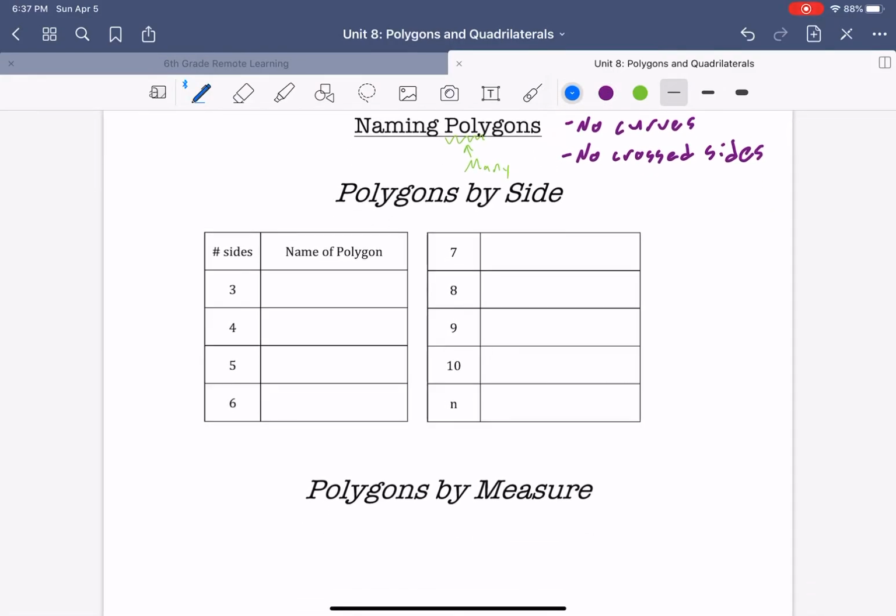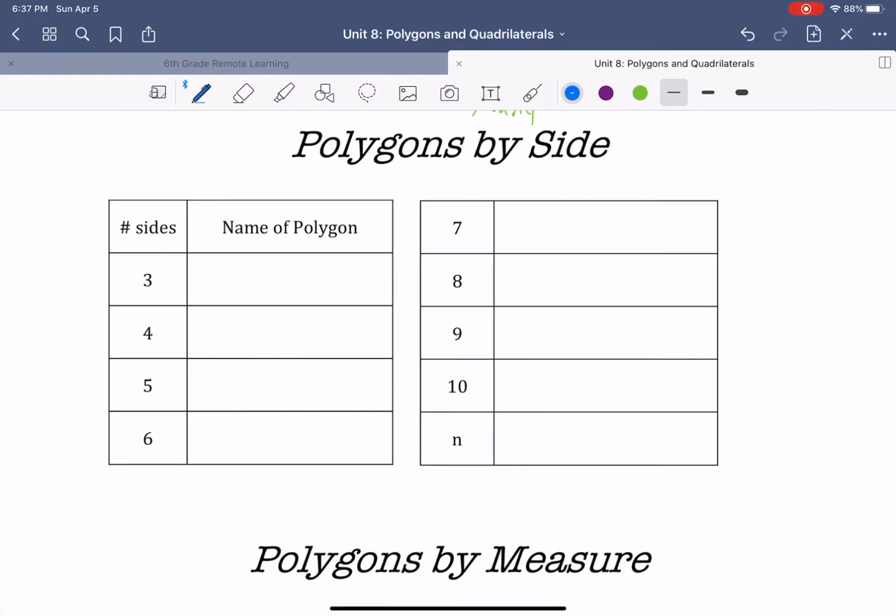And then we have names of polygons for a handful of them, not for all of them, because there's technically an infinite number of polygons you could make. And a bunch of them you probably already know. So a three-sided polygon is a triangle. A four-sided polygon, it's not a square, it's not a rectangle, it's not a parallelogram, it's a quadrilateral.